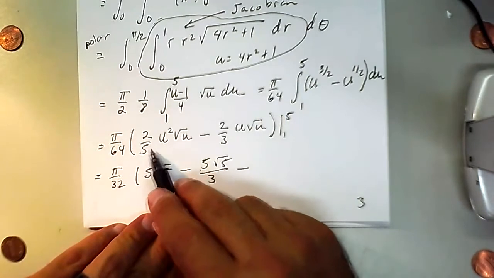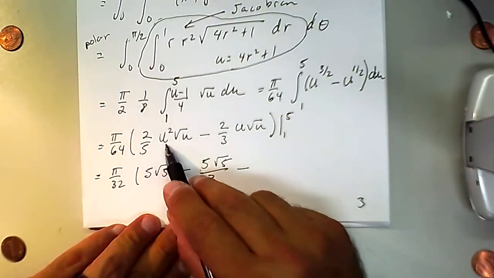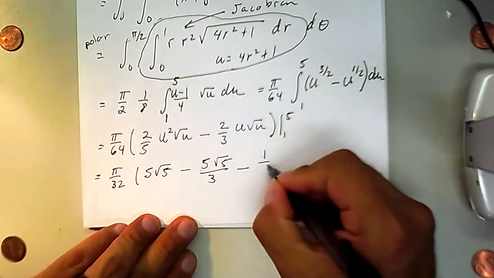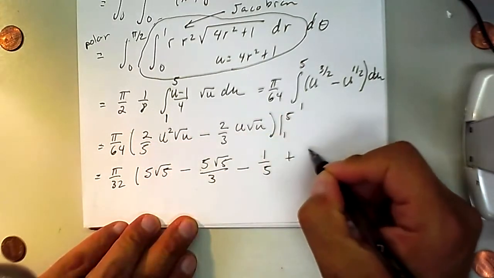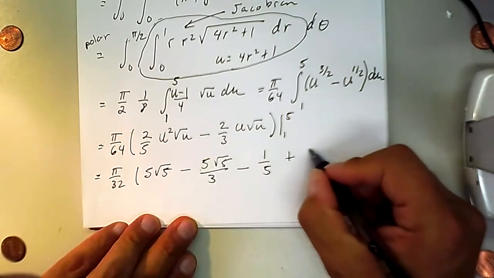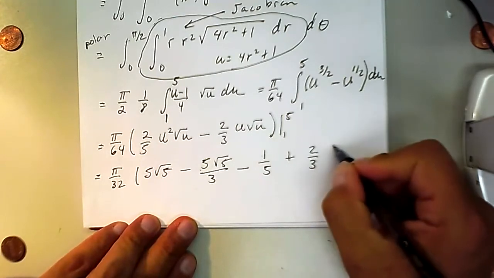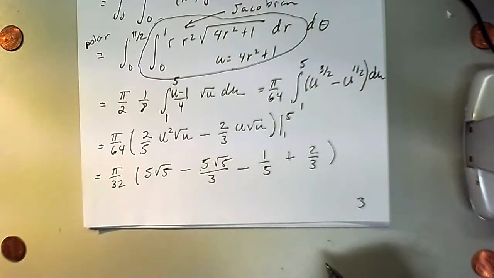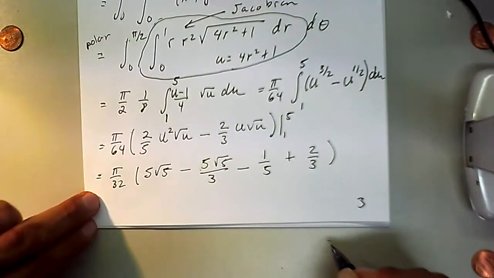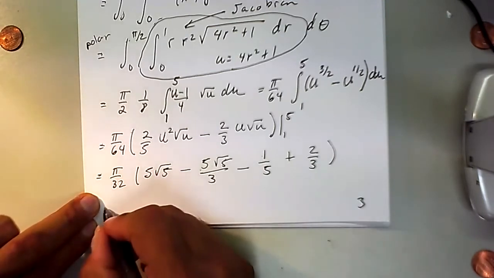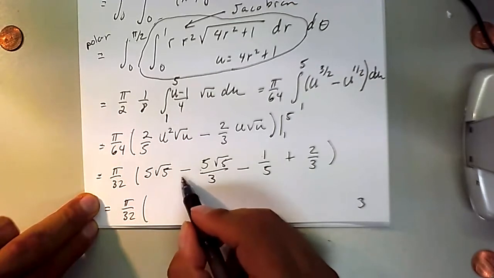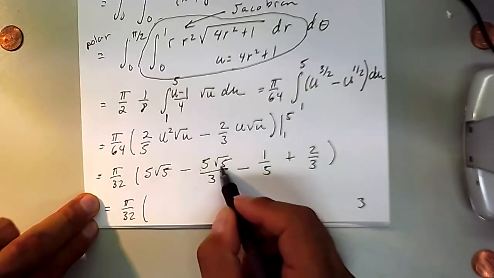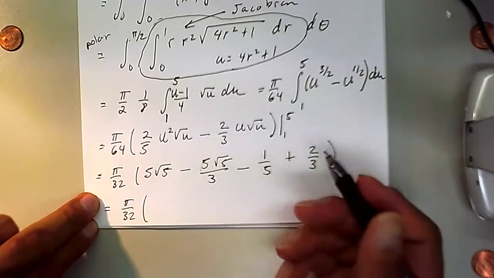Now let's plug in the 1. So that is going to be minus 1/5, because the 2 is gone, plus 2/3. Okay, so now it's a matter of simplifying this. Pi over 32. Well, we got 5 square root of 5 minus a third of that. So that is 2/3 left over.